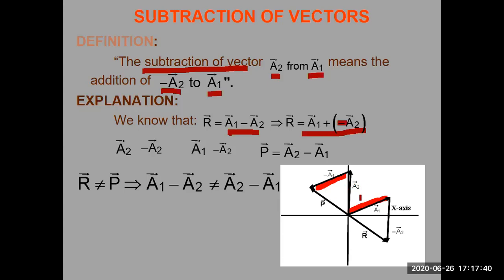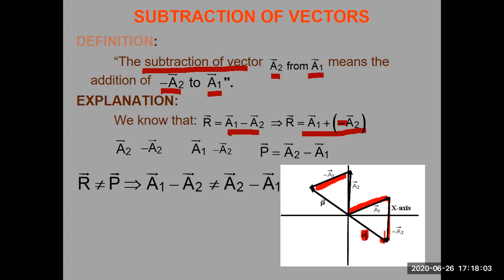If this vector is a2, you change its direction so it points downward. Then you bring it here, head to the tail of the first, and finally you draw a vector from the tail of the first to the head of the last. This vector is called the resultant vector.